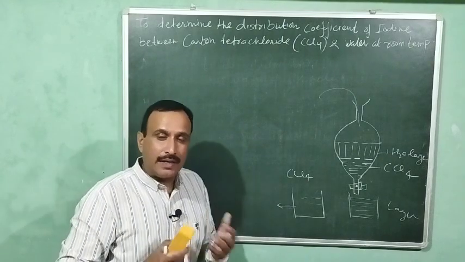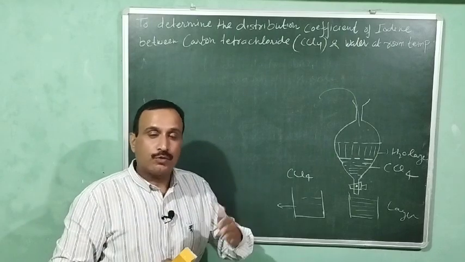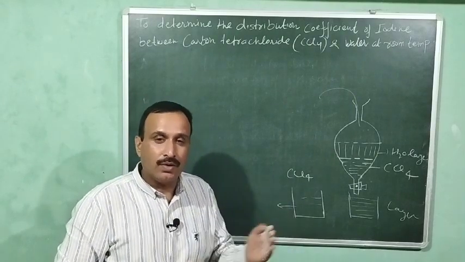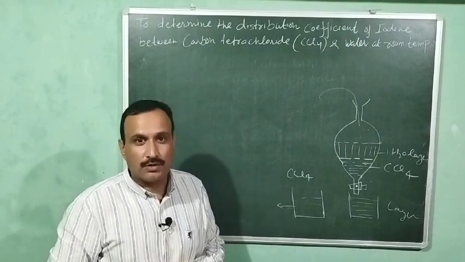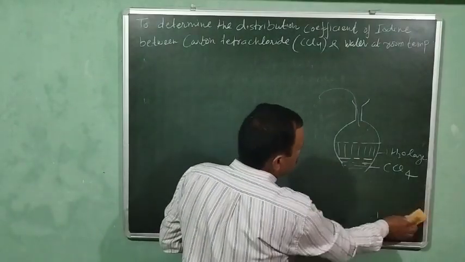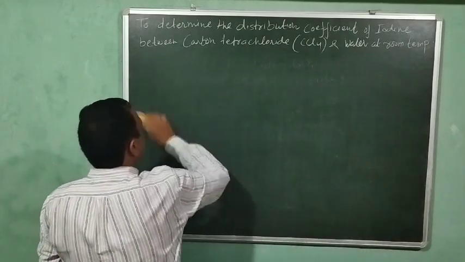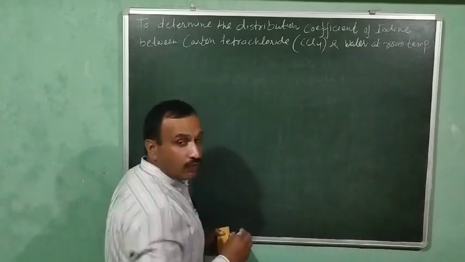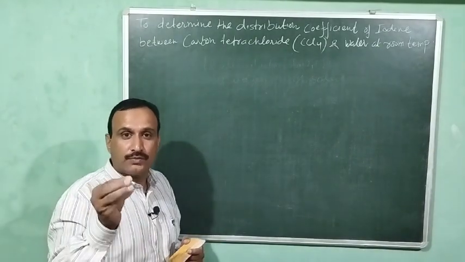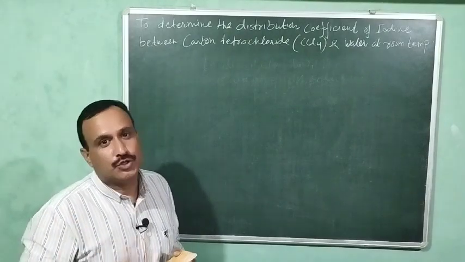And now I will explain the procedure for the bottle number 1, and the procedure will remain same for the rest of the 3 bottles. Okay, and in the next step of the procedure, what we will do, we will titrate the CCl4 layer of your bottle number 1 with N/10 sodium thiosulfate solution.